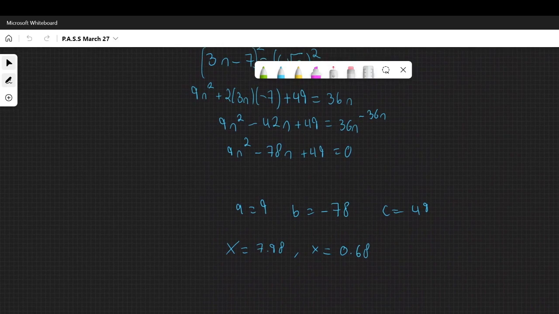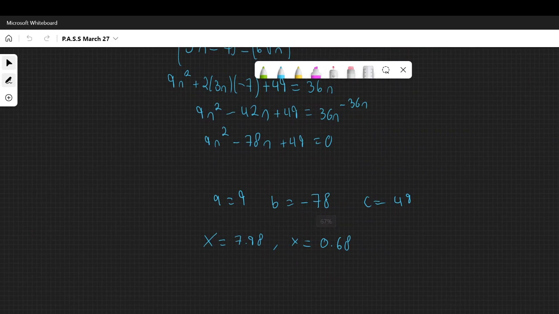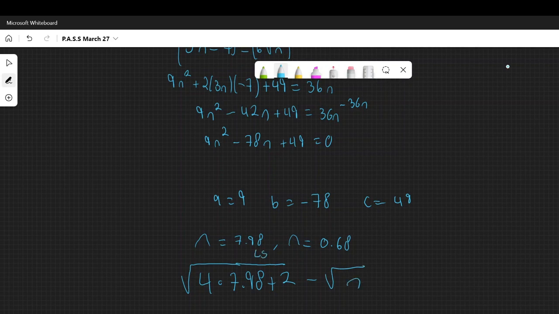extraneous answers, so you'll want to double check your answer by subbing it back in. So for this first one, we have x equals, and we should have that variable as n, not x. So we should have 4 times 7.98 plus 2 minus the square root of n. This is our left side. And our right side equals 3.